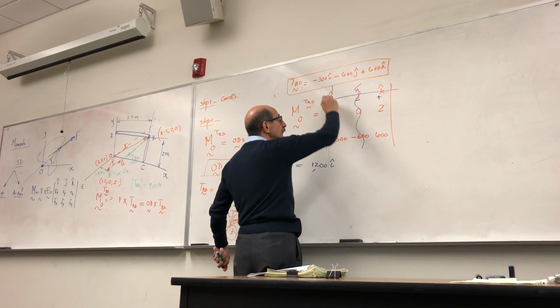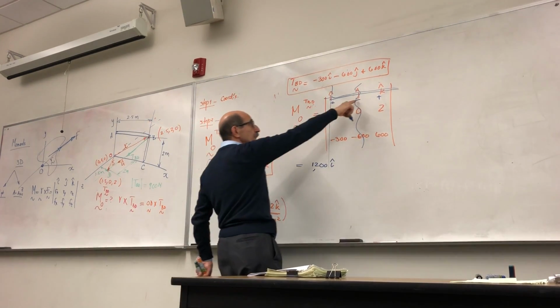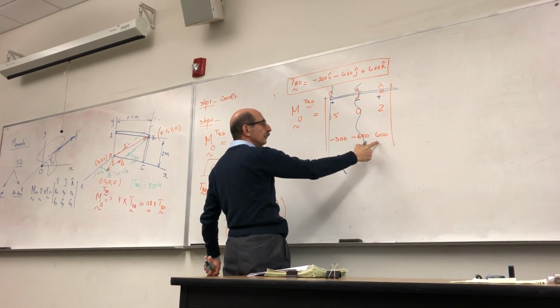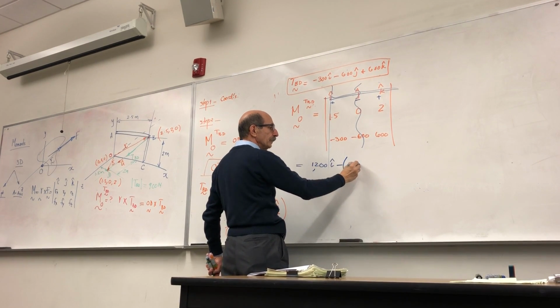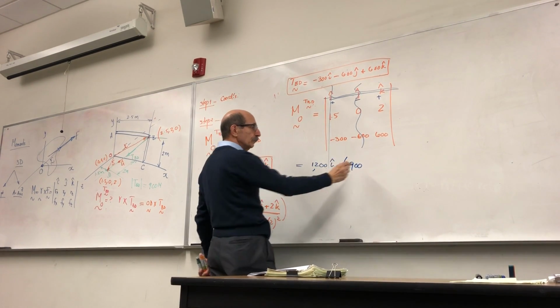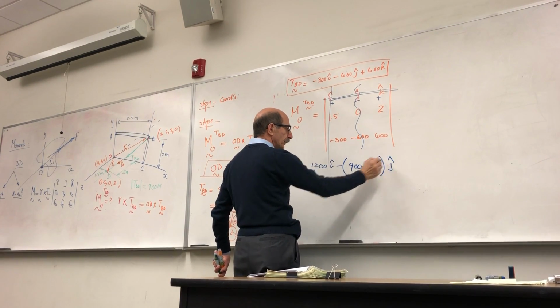Eliminate the row and column corresponding to j. Sign associated with j is always negative, so it would be 1.5 times 600 is 900, minus 2 times minus 300, so positive 600 j.